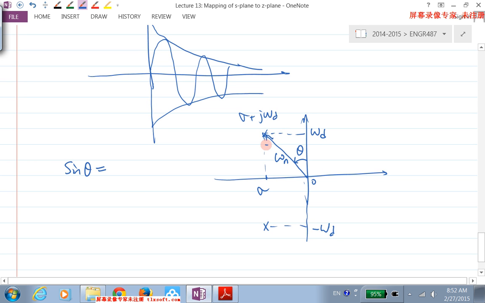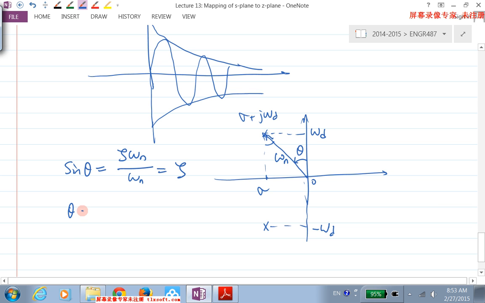Sine theta is this quantity, the magnitude of this portion, over omega n, which equals zeta. So for a pair of complex conjugate poles of a second order system, that angle theta is directly related to the damping ratio zeta.